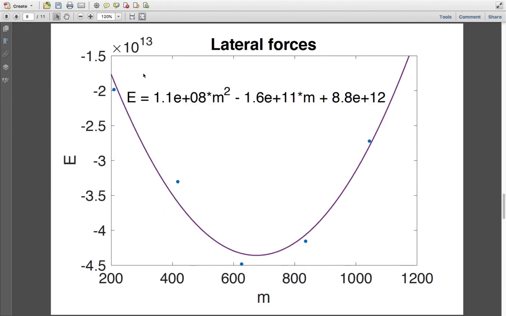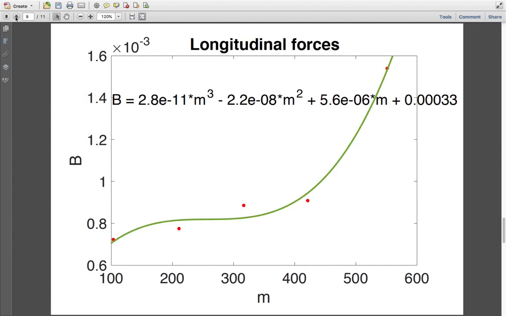I've done just the same for E, lateral force, again a second order equation. And then of course we can do just the same for the longitudinal force B, which is a third order equation.